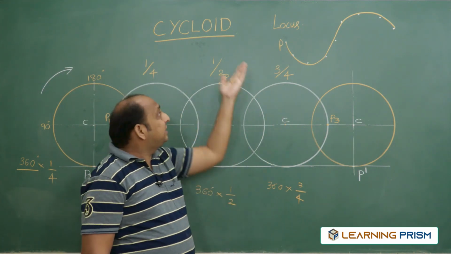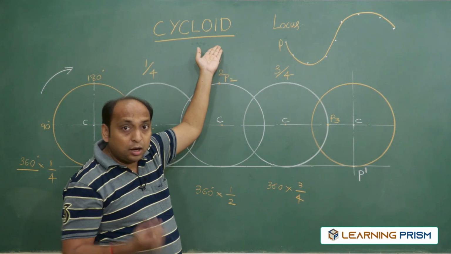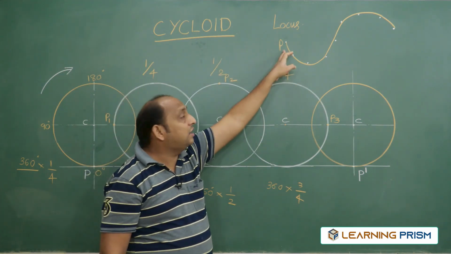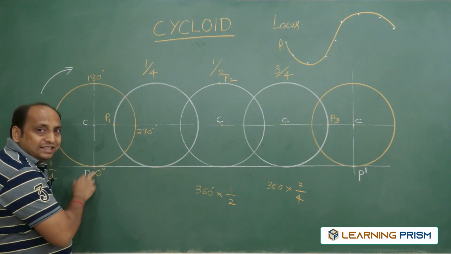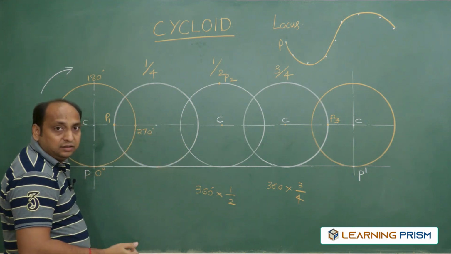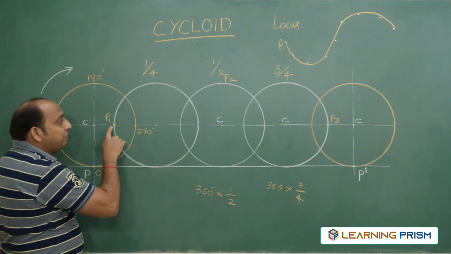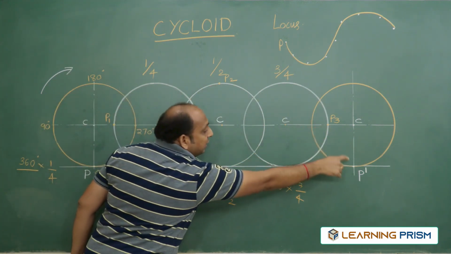Now what is the cycloid? It's the locus, right? Locus of what? Locus of the point P. The point P has travelled in a path P, P1, P2, P3, P dash.